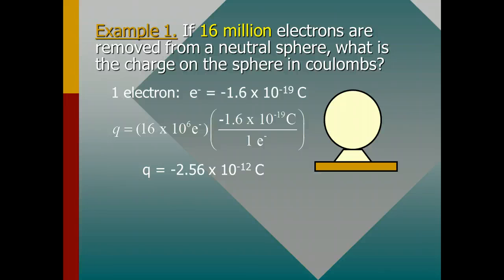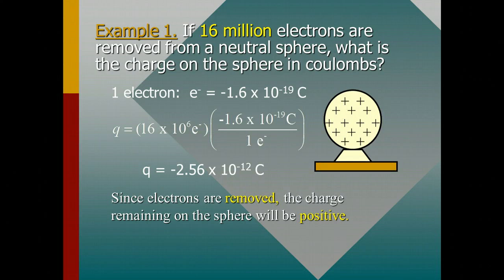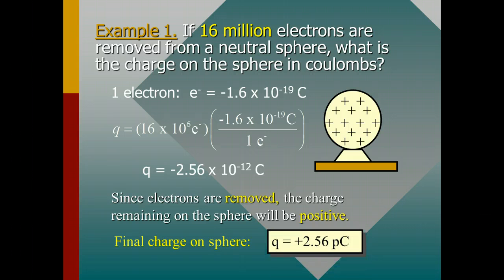Now remember, this is the amount of charge that was removed. So what's left over? The positive version of that. And so the amount of charge on the sphere afterwards is positive 2.56 times 10 to the negative 12th coulombs, or positive 2.56 picocoulombs.